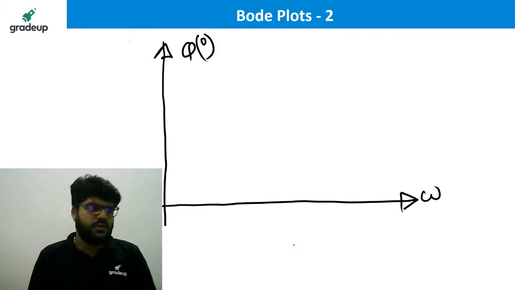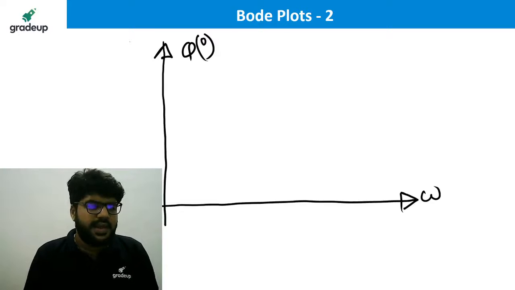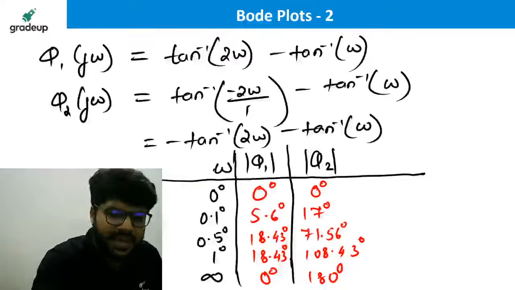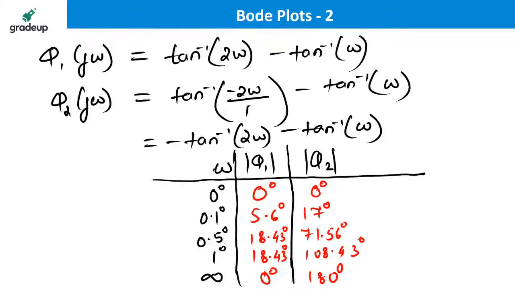Normal omega, no logarithm thing here. Can you look into the table and say which of the phase values are always lower as compared to the other one? Can you say that?